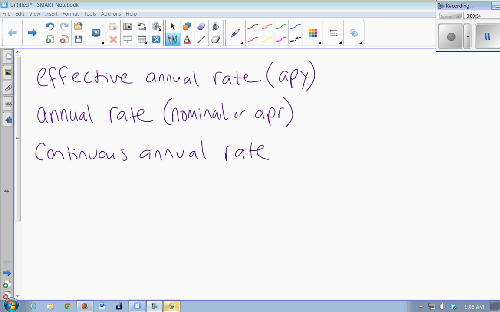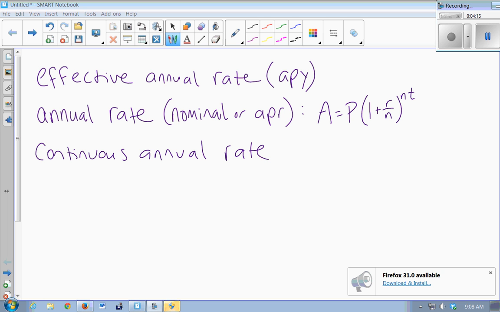Okay, so we have 2 different formulas for how to calculate interest in an account, right? For the annual rate, or the nominal rate, or the APR, that comes from this formula, where P is your principal, your invested amount, R is your APR or your nominal rate or your annual rate.